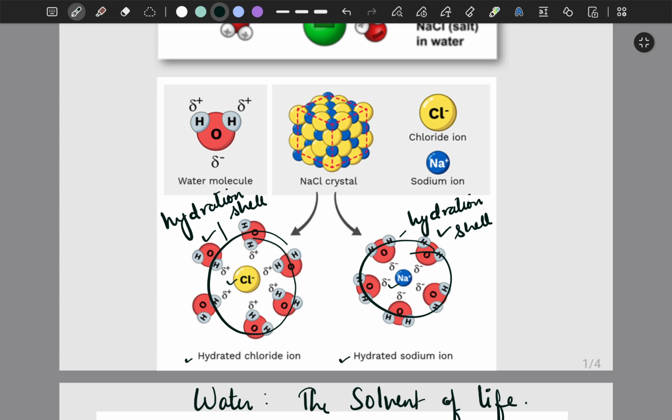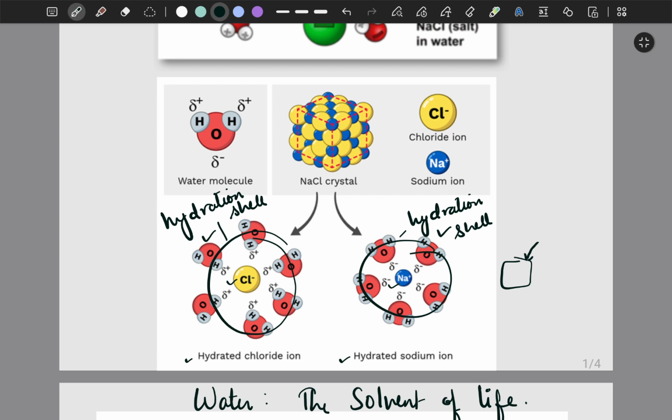Now if you have placed a crystal of salt, then the water will work inward from the surface of each salt crystal. If this is a salt crystal, from the surface it goes inward and eventually the whole salt is dissolved.